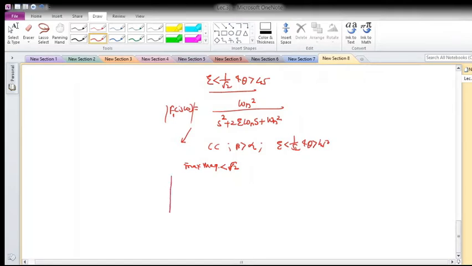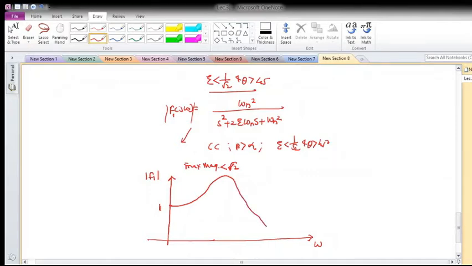So let me draw the frequency response here. Okay, for the band pass, so this is my magnitude of response f1 of j omega. So at omega equal to 0, I will get 1. As omega increases, I will get some peak, and then it will reach 0.